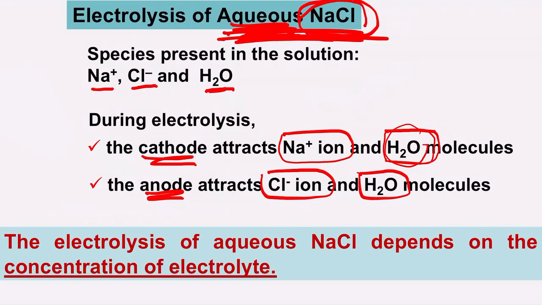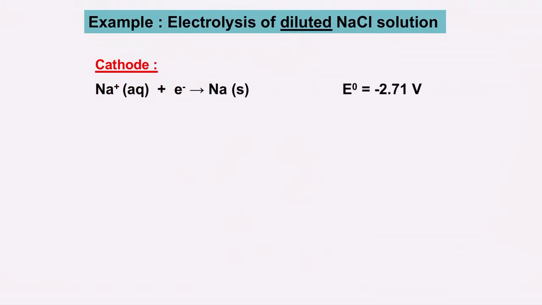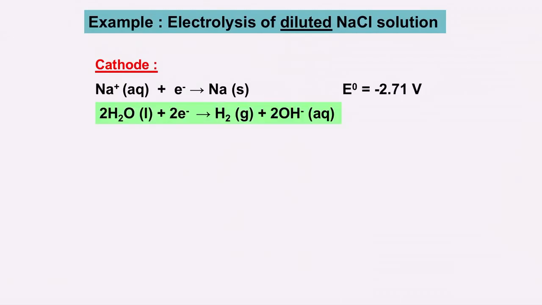So you can have dilute solution, you can have concentrated solution. This will determine the product that will form at your electrode. So let's say we have diluted NaCl. At your cathode you can discharge sodium plus, that is your SRP, and then you can also discharge or reduce your water.